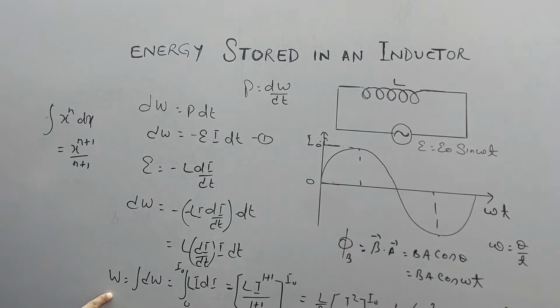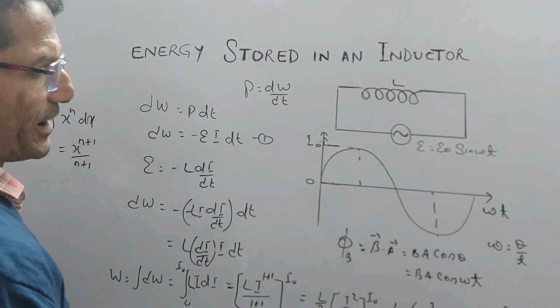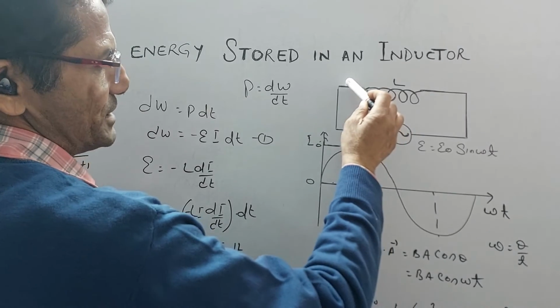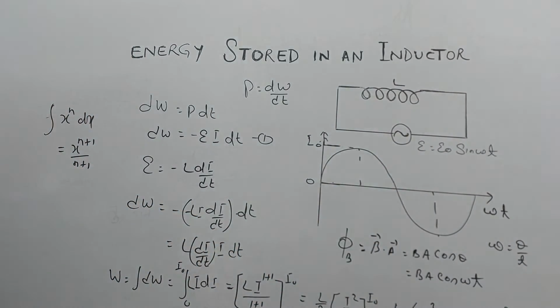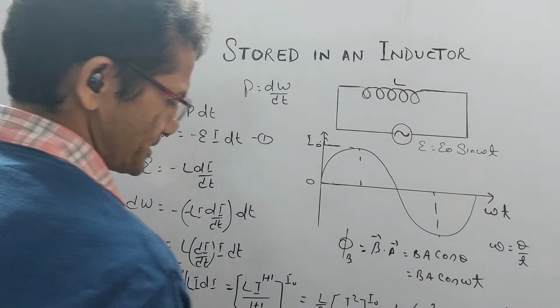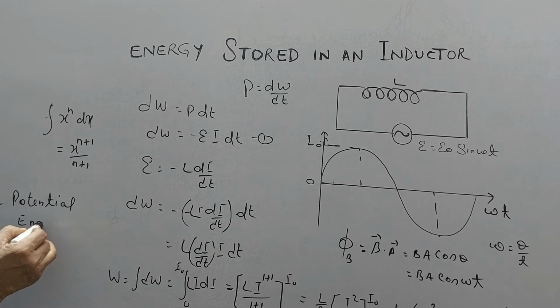This work is done by the alternating source against the induced EMF generated in this coil. By conservation of energy, it will not go to waste. It will be stored as potential energy in the magnetic field of the inductor.